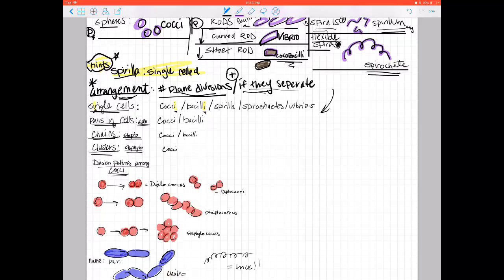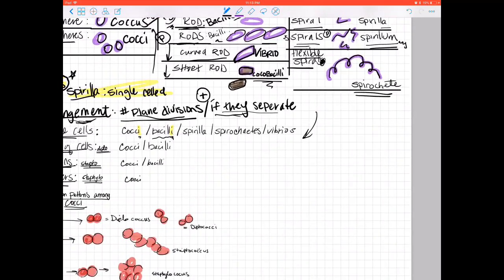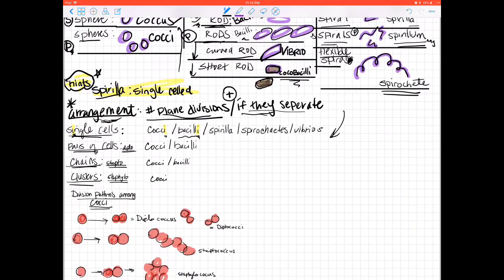And when I put cocci, I'm talking about you see many single cells on their own, or you see bacilli, which is many rods on their own individually, right? These are single cells individually. You have spirilla, which is single cells, and then you see spirochetes. It means that you're seeing many flexible individual rods on their own. And then you have vibrios.